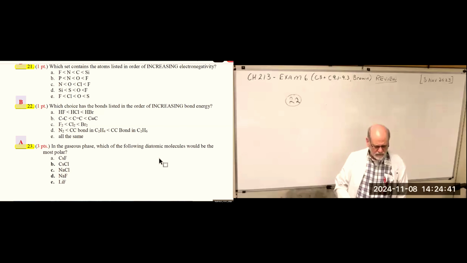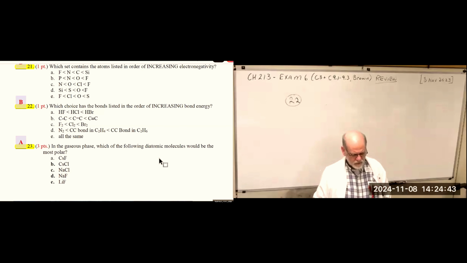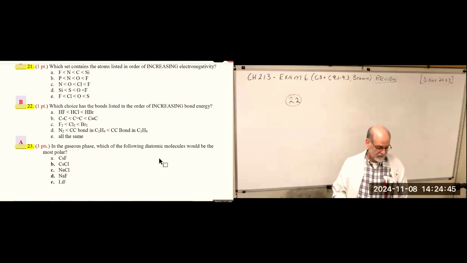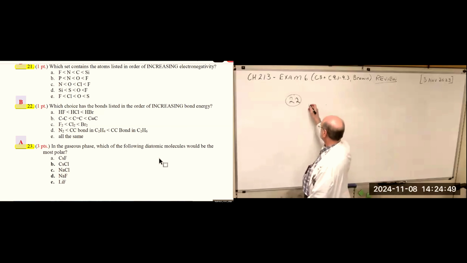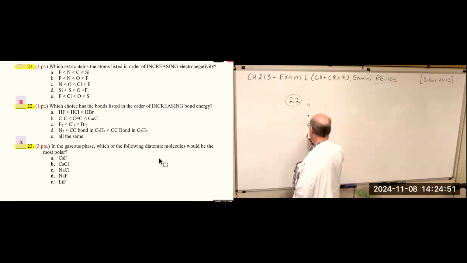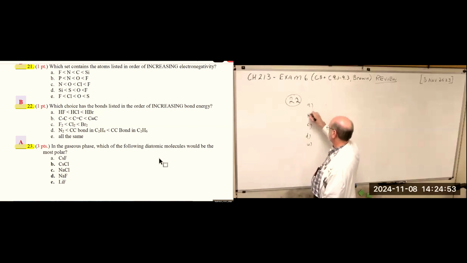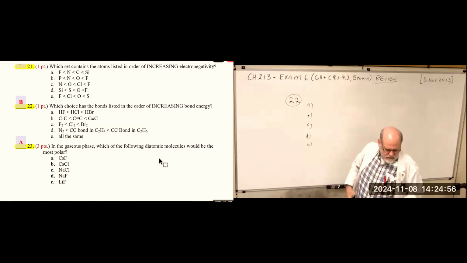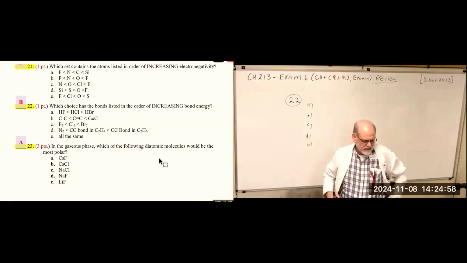22. Which choice has bonds listed in order of increasing bond energy? All right. The first one is hydrogen-halogen bonds.